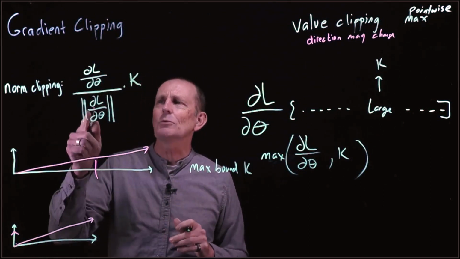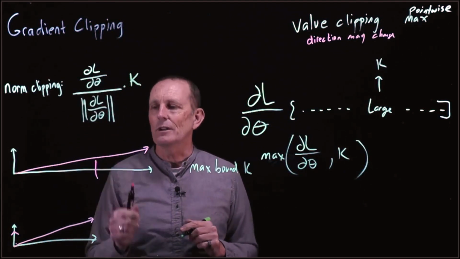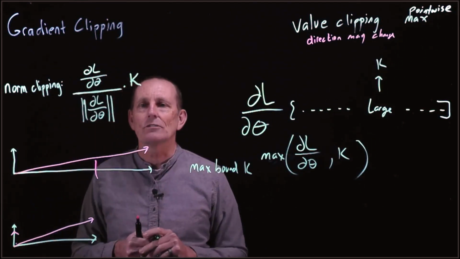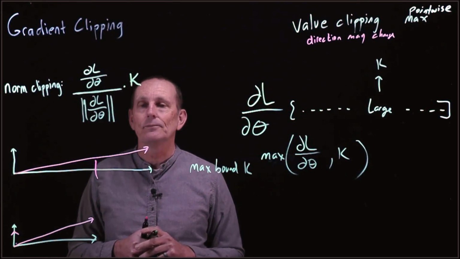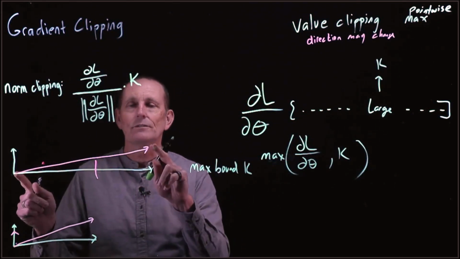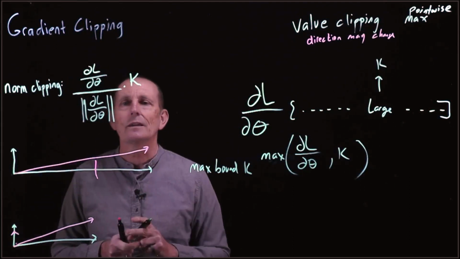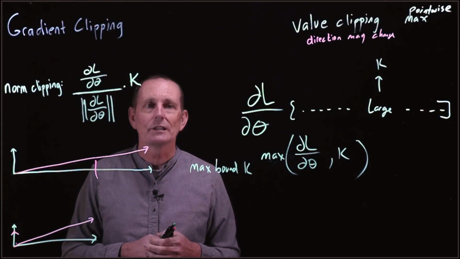We only do this if the length of the vector is greater than k. If it is, we apply this transformation. Otherwise, we leave the gradient alone. If the length is longer than k, this reduces it to k and reduces all of the elements proportionally.